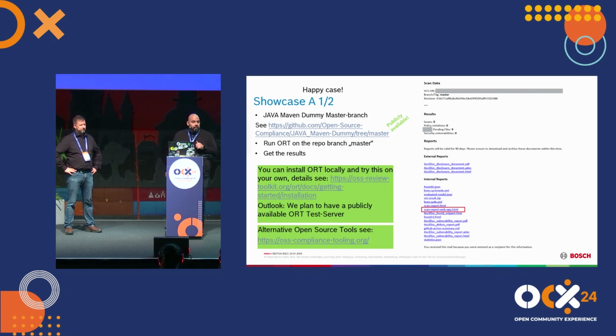So we've taken this Java Maven dummy, installed ORT and scanned the master branch. All of this is publicly available, so you can follow the links to the dummy project, to the ORT installation documentation, and to the Open Source Compliance Tooling group, where you can find all the various different tools that you can use.